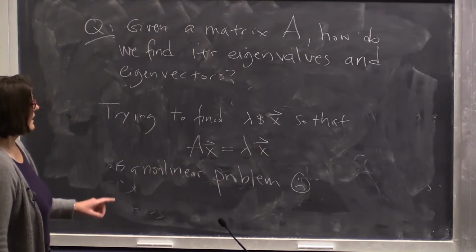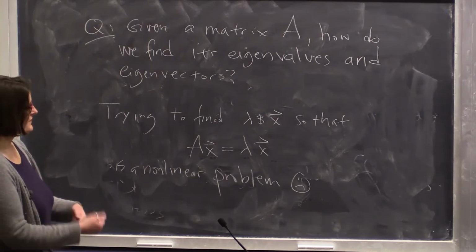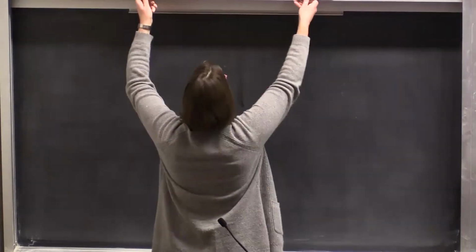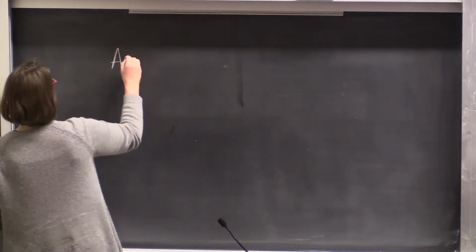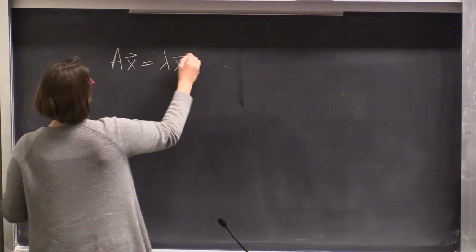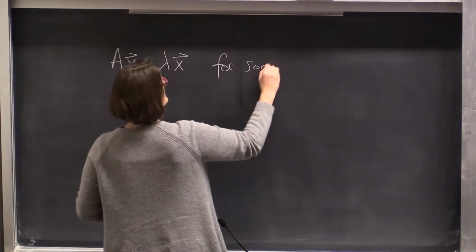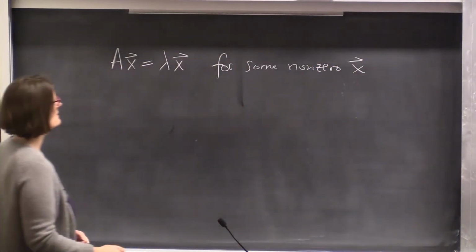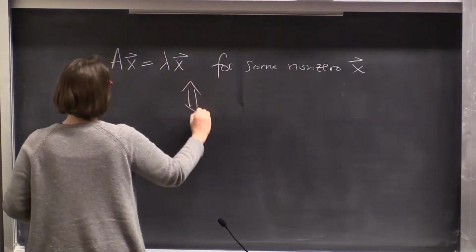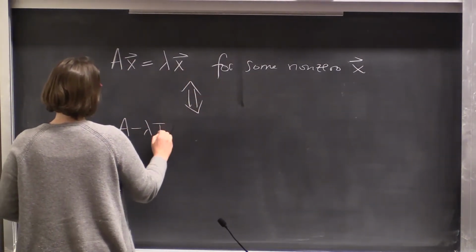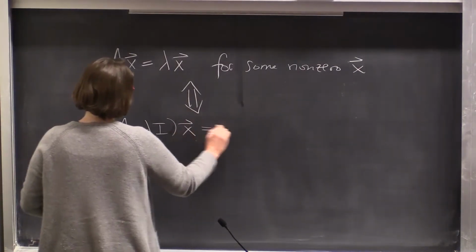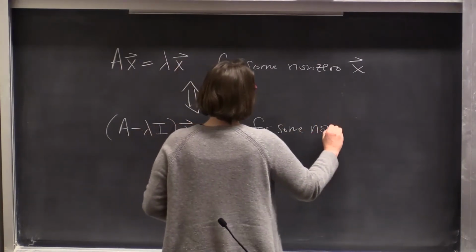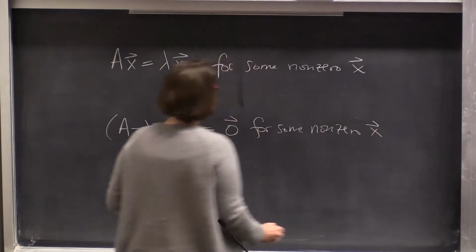And so last time I went through various ways of rewriting the question. And it came down to: Ax equals lambda x for some non-zero vector x is the exact same thing as A minus lambda times the identity, times x, is the zero vector for some non-zero x.